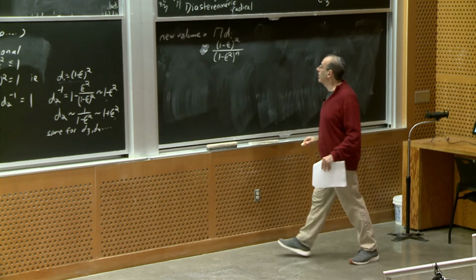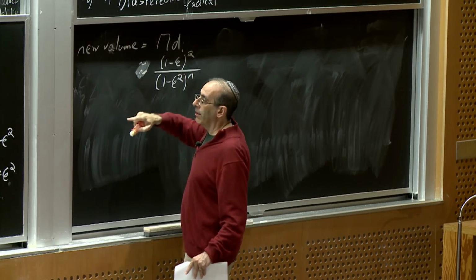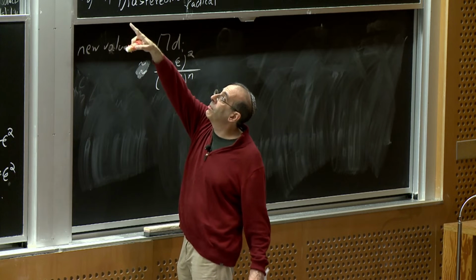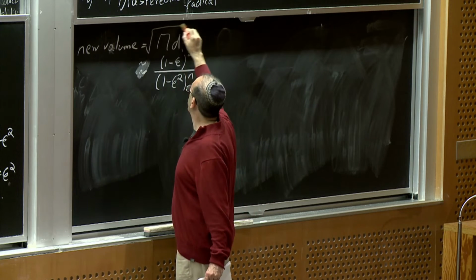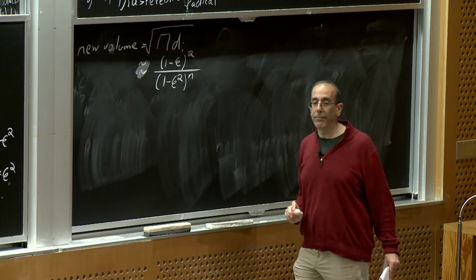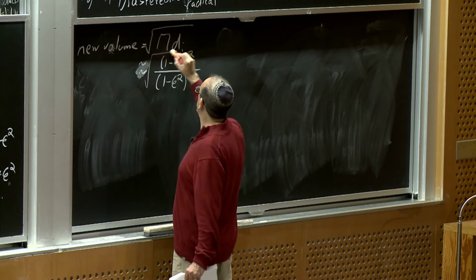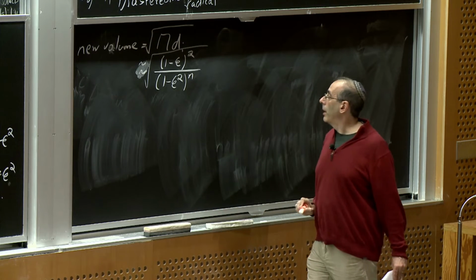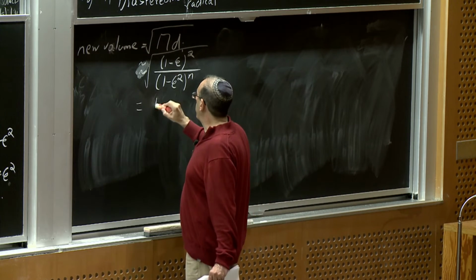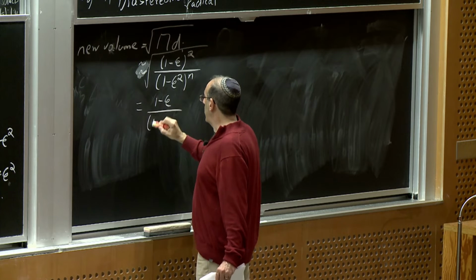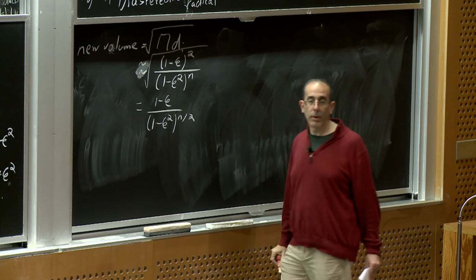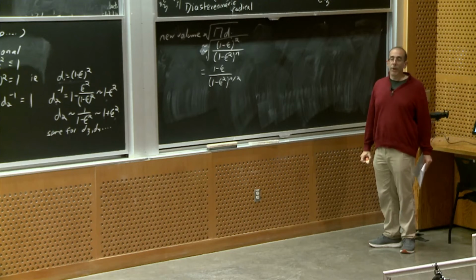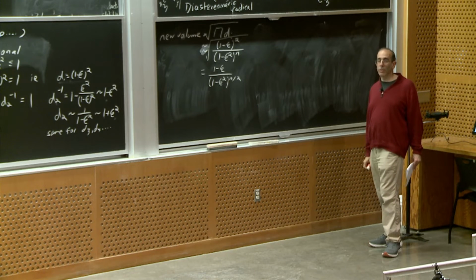Oh, I see what the problem is. These di's, the volumes are actually changed by the square root of the di's. So I need to put a square root around here. And so that is equal to (1 minus epsilon) divided by (1 minus epsilon squared), all to the n over 2 power. Okay. So did the volume grow or did it shrink?